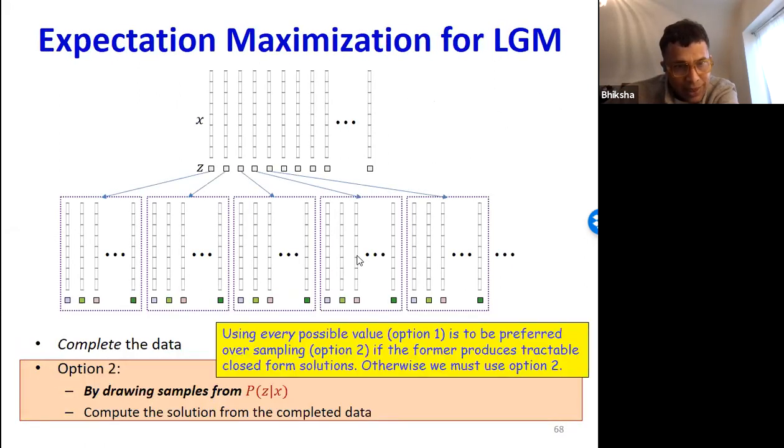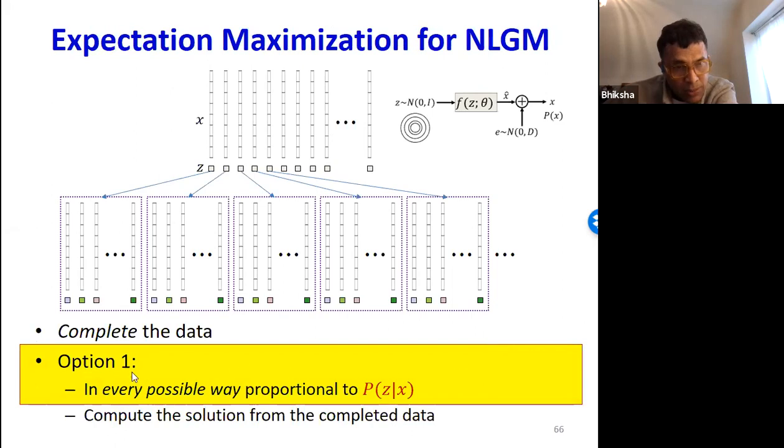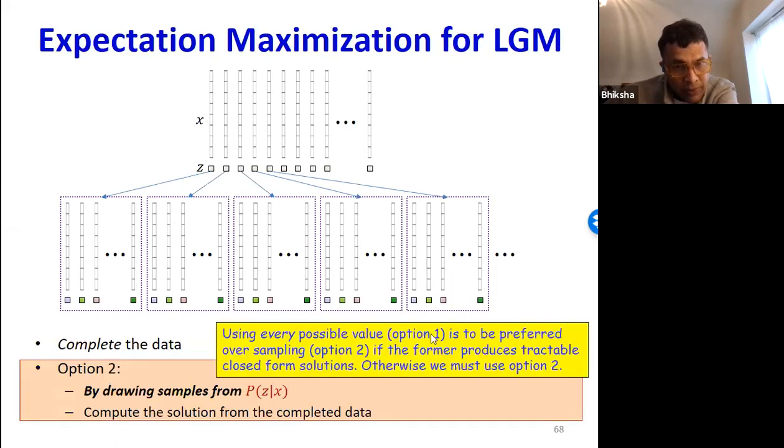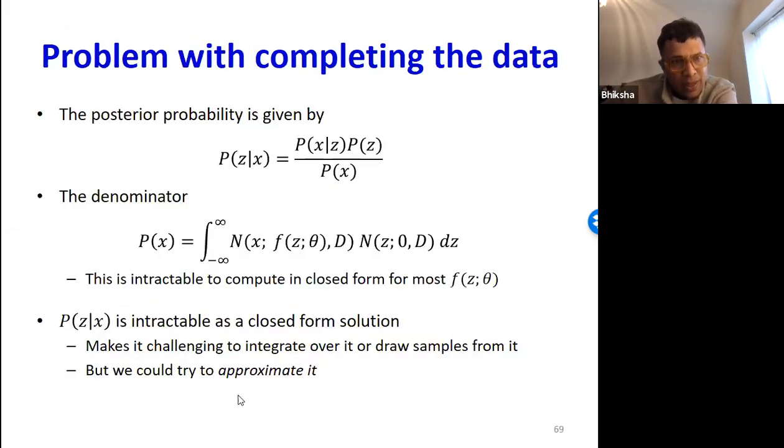So that's easy, right? Remember, option 1, where you consider every possible way, is always preferred if you can get tractable closed form solutions. But since we cannot do this, we're going to use the sampling procedure, which is option 2. So that leaves us with this problem. What is p of z given x?